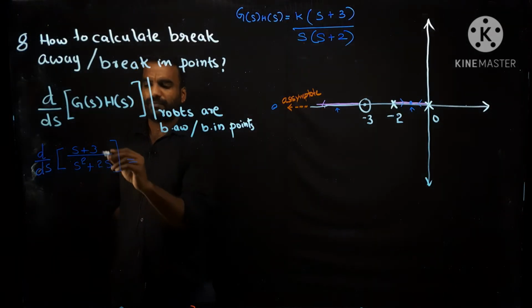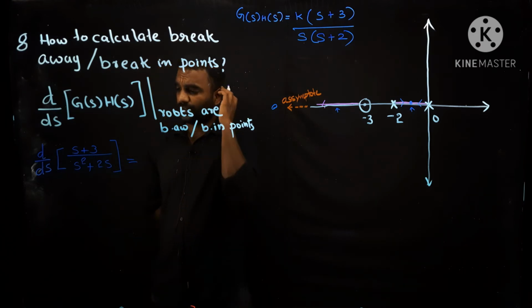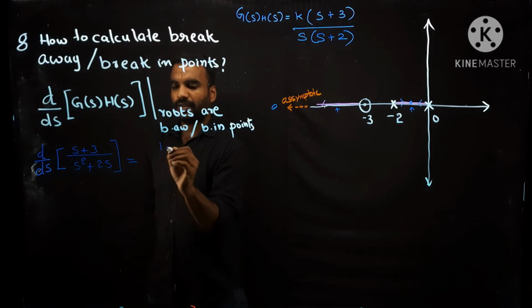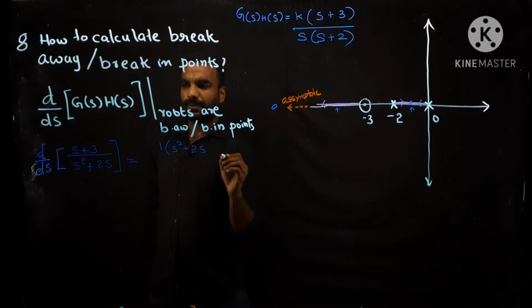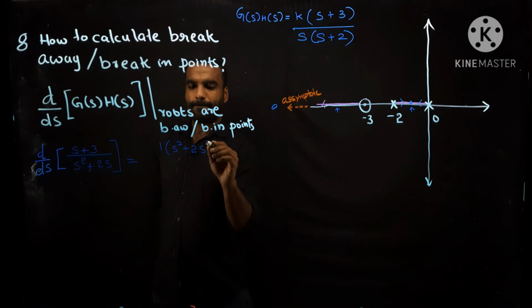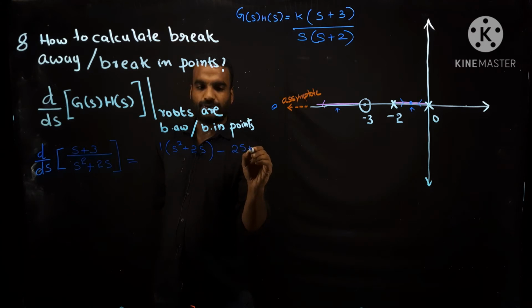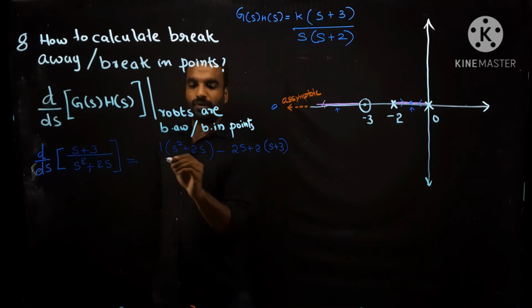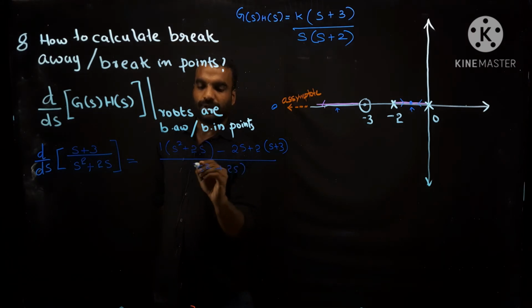So we have to apply the quotient rule for finding the derivative. The derivative of numerator is 1 into denominator s square plus 2s, minus derivative of denominator 2s plus 2 into numerator s plus 3, all divided by (s square plus 2s) whole square.